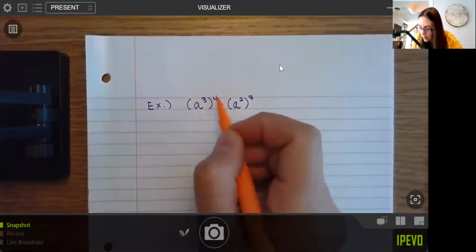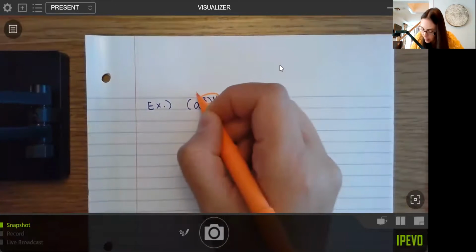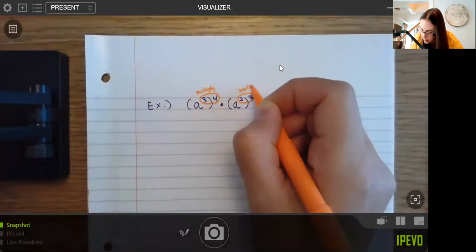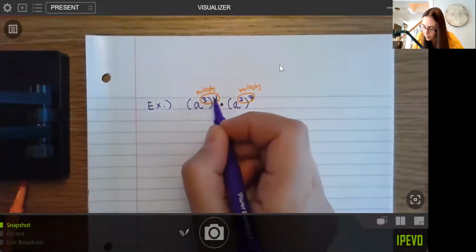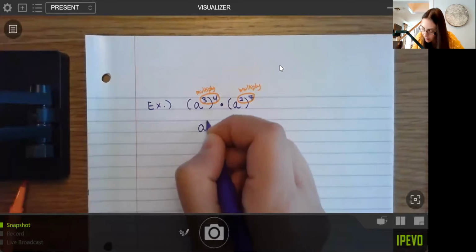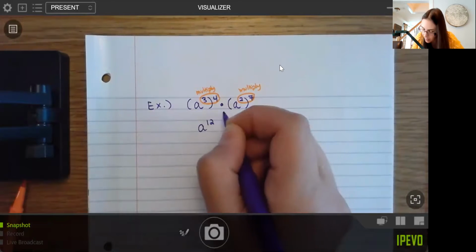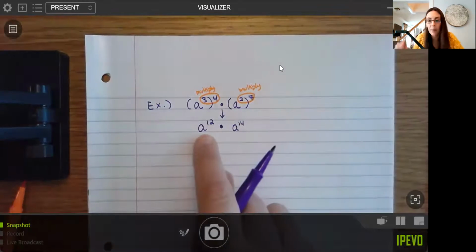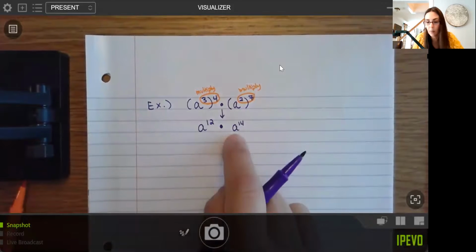So first of all, I do see I have these double exponents here, right? So when I see something like that, I am going to go ahead and multiply those. So this becomes 3 times 4, which is 12. So I have a to the 12th. And this is 2 times 7, which is 14. And that multiplication symbol comes in between. Now my double powers are all gone, and here I have a to the 12th times a to the 14th.